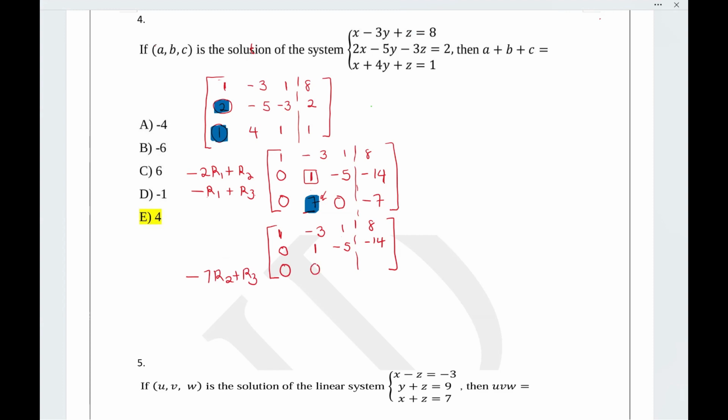And this is going to be 0 as well, right? So here now you'll have -7. So I think it's going to be -7 times -5, which is going to be 35. So 35 plus 0 is still going to be 35 here. Now we have minus 7 times R2. So this is minus 7 times minus 14, which will be around 98.